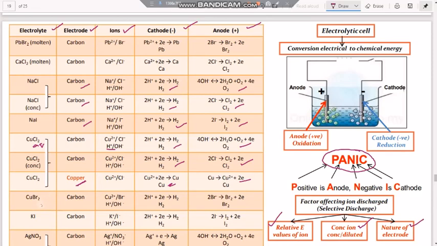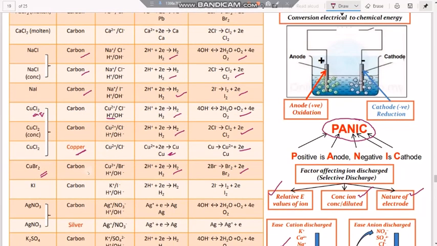And coming to the next one, copper bromide. With copper bromide, hydrogen is the cathode product and bromine is the anode product when we have carbon electrodes. Potassium iodide with copper electrodes: hydrogen at the cathode and iodine at the anode.